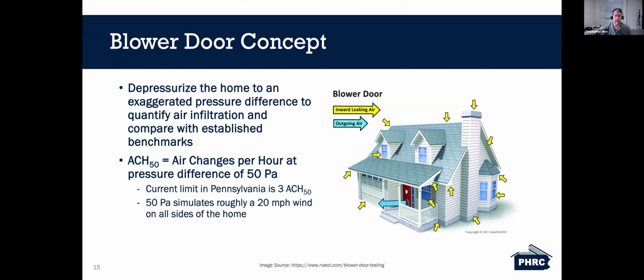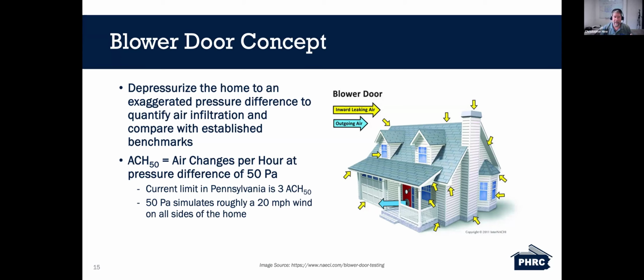So this is all done through air changes per hour or ACH at a certain pressure. So the fan that's in the door depressurizes the house to a certain pressure, and that is 50 pascals. Again, currently here in Pennsylvania, it needs to be a depressurization to 50 pascals, and then through an equation, which we'll look at here, it must be not exceeding three air changes per hour.